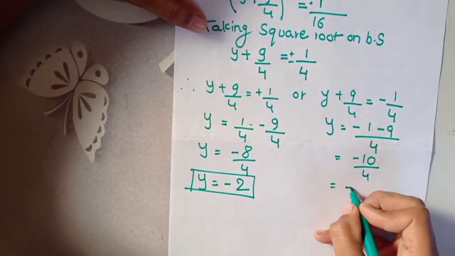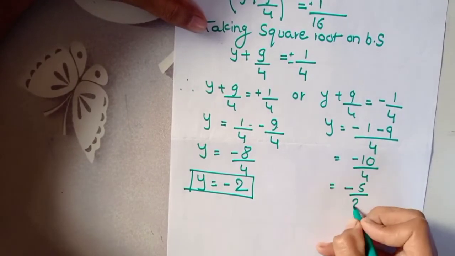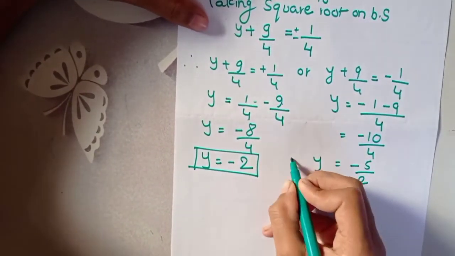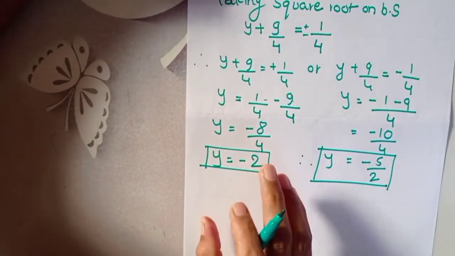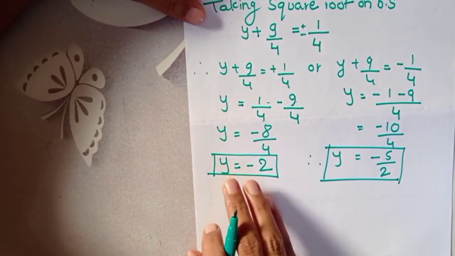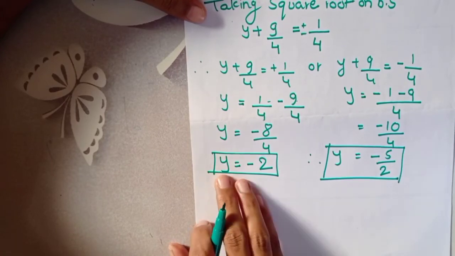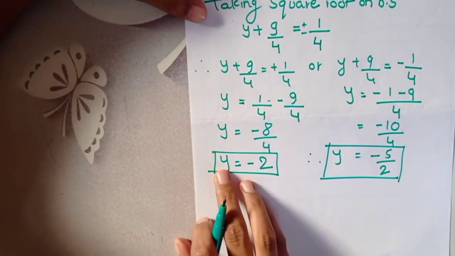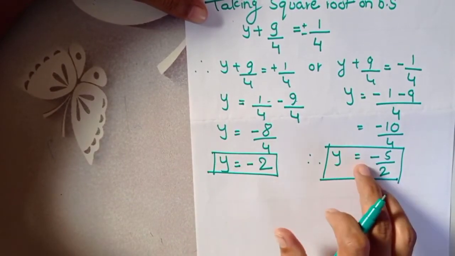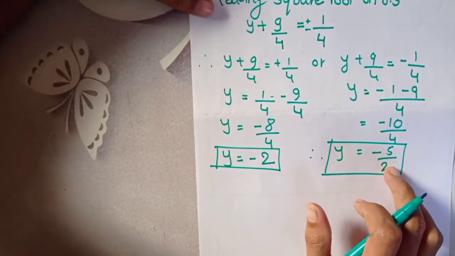The value will be minus 5 by 2. Therefore y is equal to minus 5 by 2. Here we have got the solutions of the given quadratic equation: y is equal to minus 2 and y is equal to minus 5 by 2.